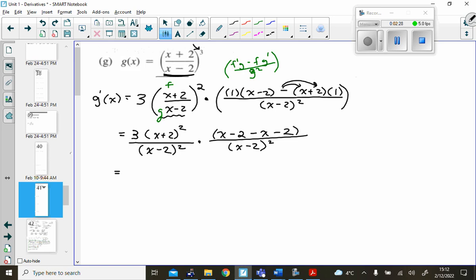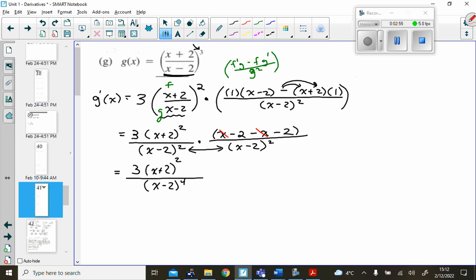So on my next line, I'm going to combine these fractions. These two guys can get together. x minus 2 squared and another x minus 2 squared means in the bottom, I'm going to have x minus 2 to the 4th. I still have x plus 2 squared on top. And now I'm going to deal with this bracket. x subtract by x makes 0.